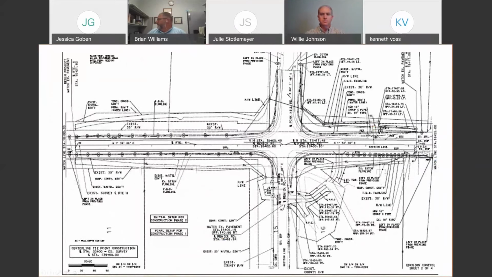So here is, as you can see, sheet 2 of 4. They've got these neat little notes down here. Initial setup for construction phase 2. Final setup for construction phase 1. Again, here now we've got additional sediment traps shown in each quadrant, which weren't on the previous plan.